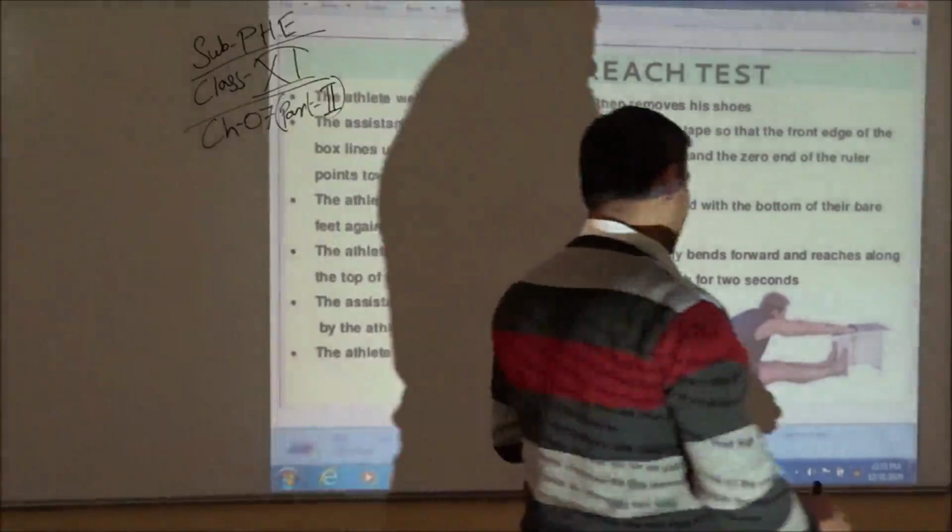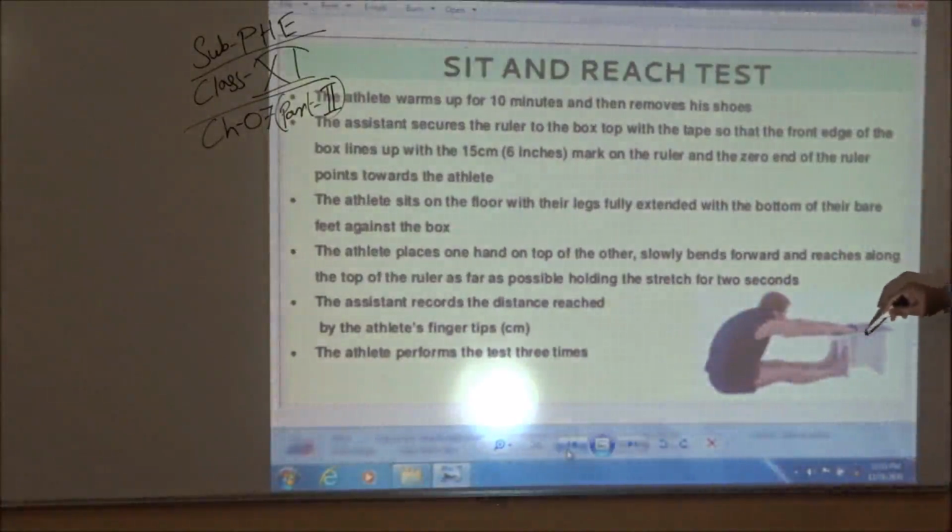On the top of this table, students, there is one scale placed along with measurement. The subject needs to push this scale with the middle finger, and the subject will keep on pushing the scale as long as possible.